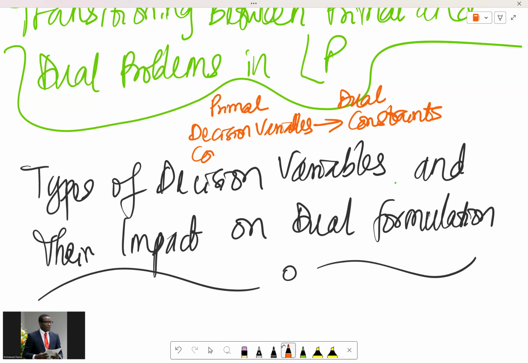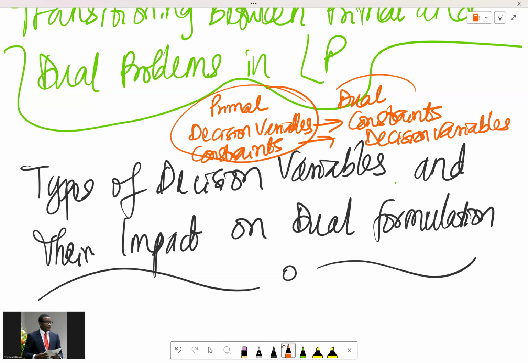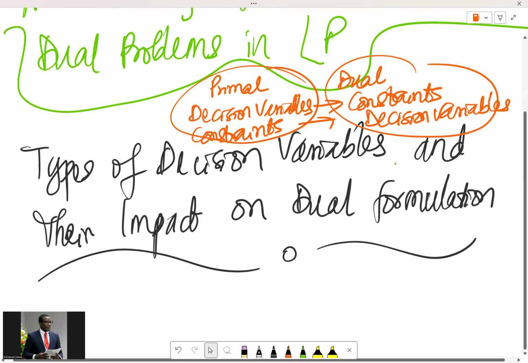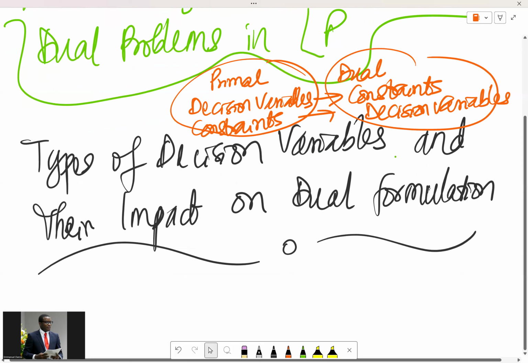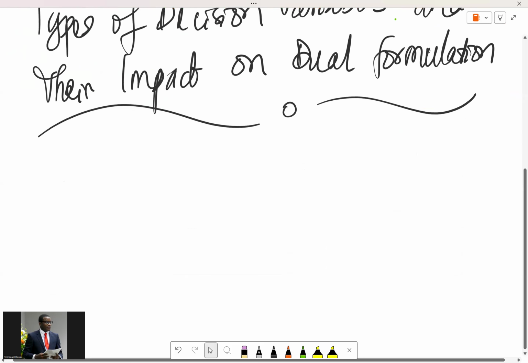Then constraints in the primal impact the decision variables in the dual. So we have that kind of thing happening there, and that's exactly what we are going to see now: the types of decision variables and their impact on dual formation.